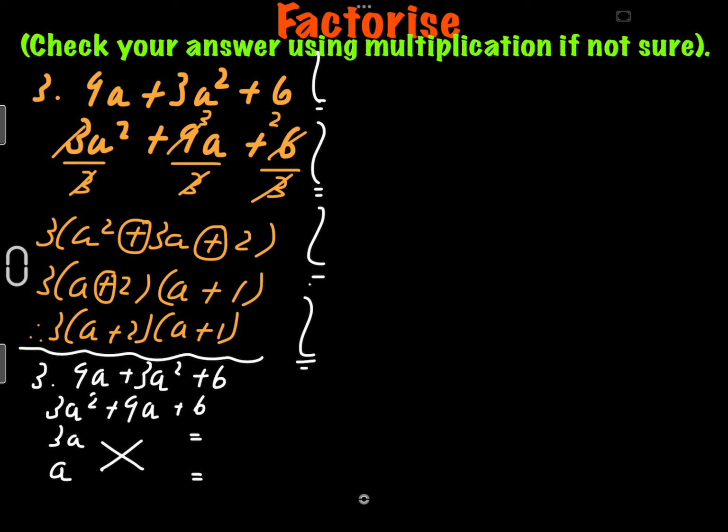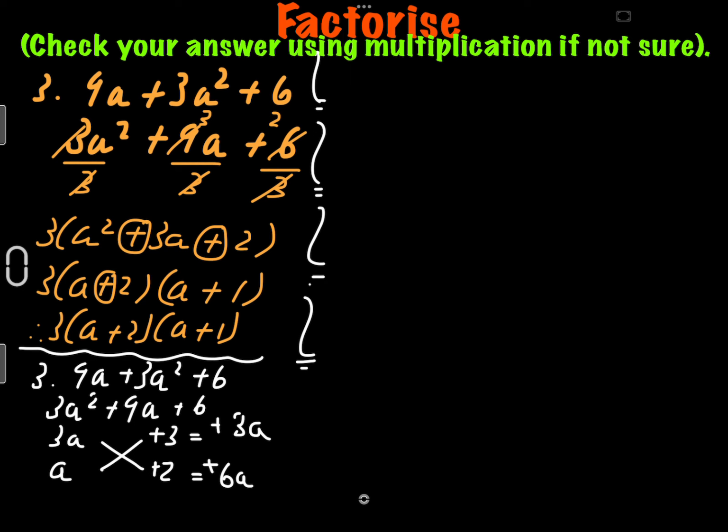So in this case, what I need to do is to multiply 3a multiplied by positive 2, remember this is positive, and a multiplied by positive 3. So let's multiply this up. 3a multiplied by 2 gives us 6a. a multiplied by positive 3 gives us positive 3a.